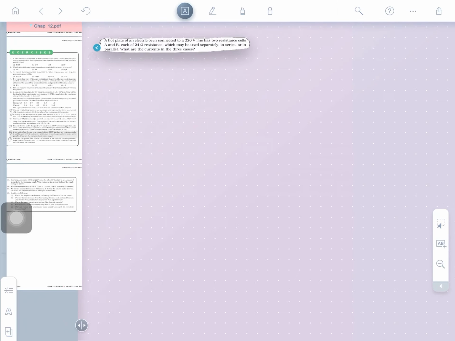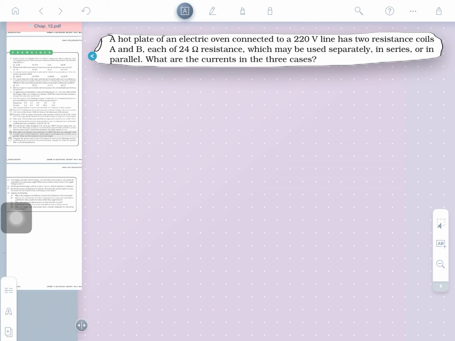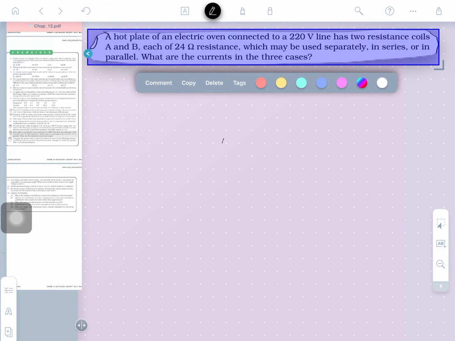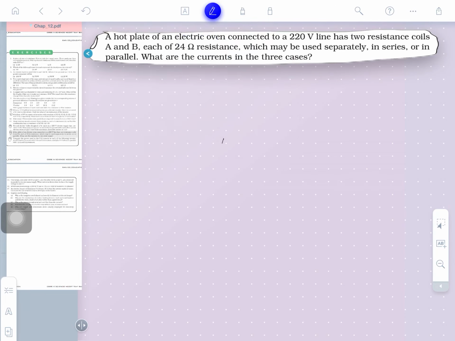Here is what question 13 is saying: a hot plate oven is connected to a 220 volt supply. The solving method is this.